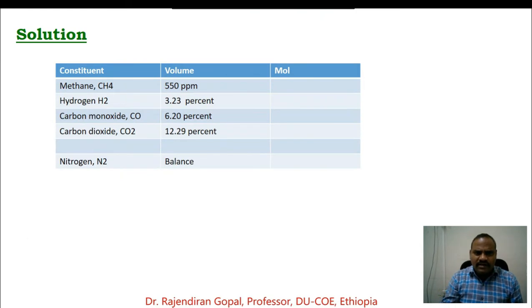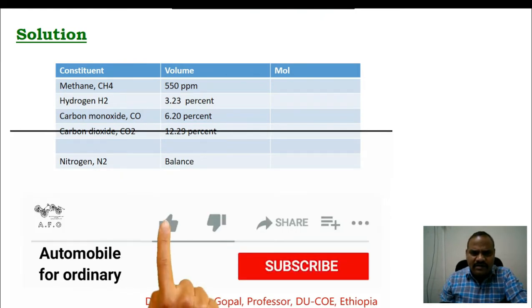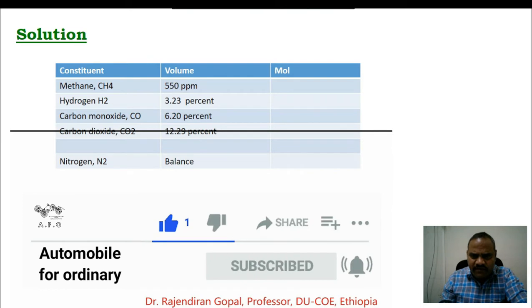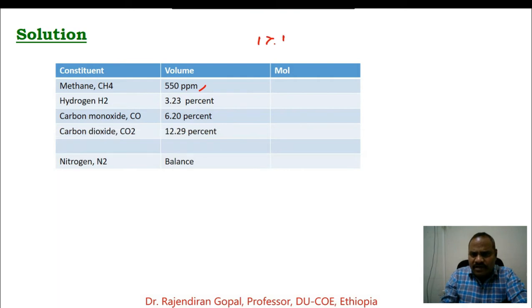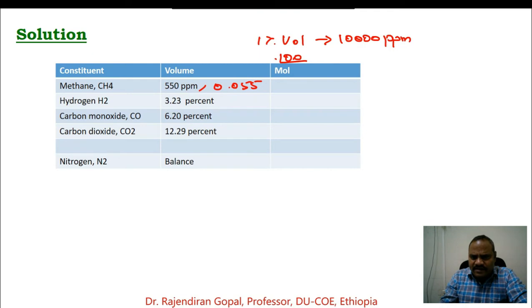Now, solution. They gave the products of combustion, that is methane CH4 550 ppm. So we have to convert it into percentage by volume. That is, 1% by volume is equal to 10,000 ppm, parts per million. So we get 0.055. Then H2 3.23, carbon monoxide 6.20, carbon dioxide 12.29%, assuming 100 moles of exhaust gases.